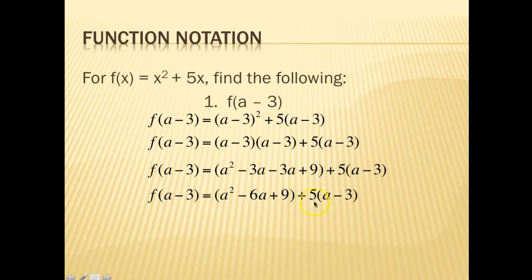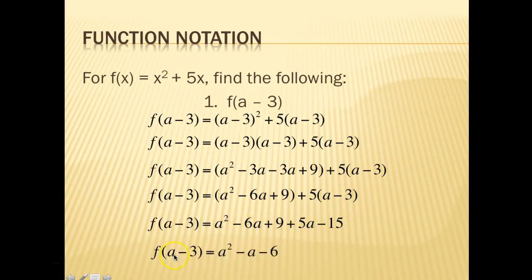And then since we have addition here, we can remove our parentheses by distributing 5 to the a and 5 to the negative 3. And then we can combine all our like terms. So f of (a minus 3) equals a squared minus a minus 6.